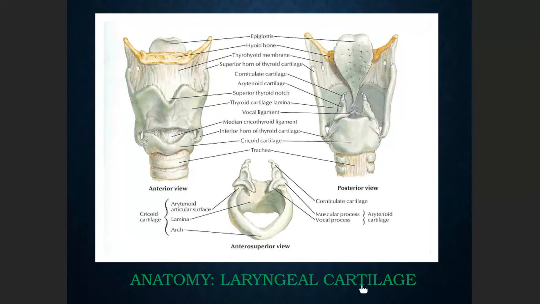I will not go into even more detail about that, but here you have the cricoid cartilage. It's broad posteriorly and narrow anteriorly, and it's a complete ring.